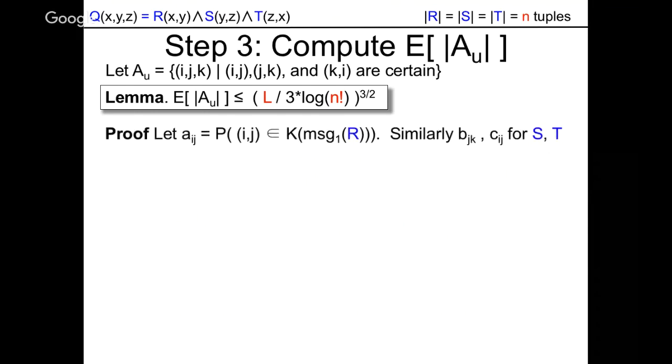So how do we do this? Well, we are going to examine the probability that this server knows an edge ij, and similarly that the server knows jk and ki.